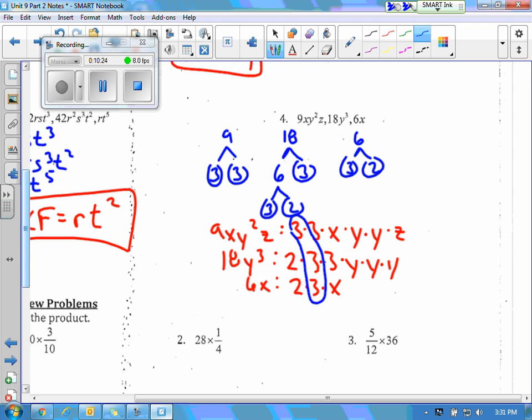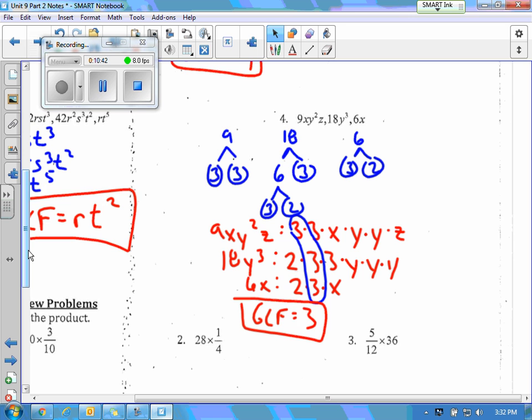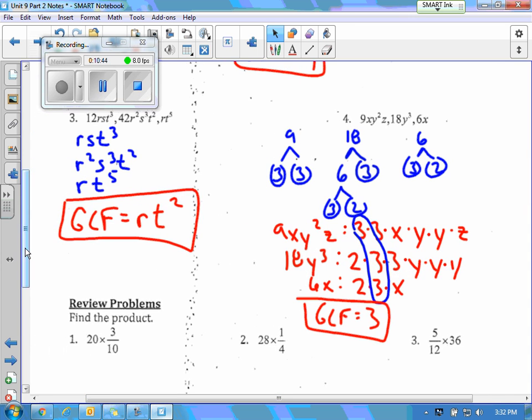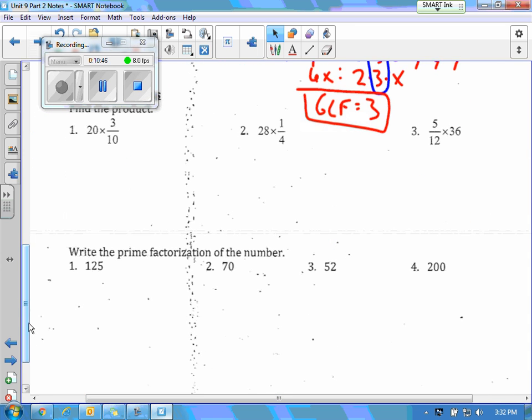So 9 and 18 both have y's, but 6x doesn't. Okay, 6x has an x, 9x y squared z has an x, but the middle one doesn't. So out of all of that, the greatest common factor is just 3, because that's the only thing they all have in common. Alright, I know this is probably a tough part, so make sure you ask me any questions you have. Lots of review problems down here for you, make sure you get those done.